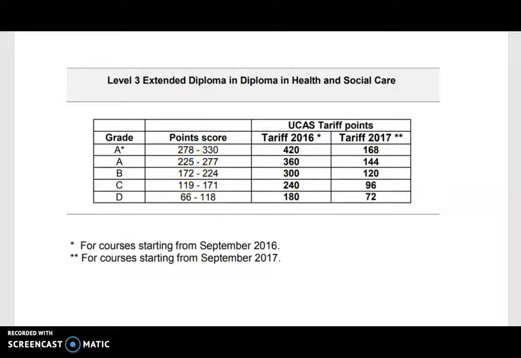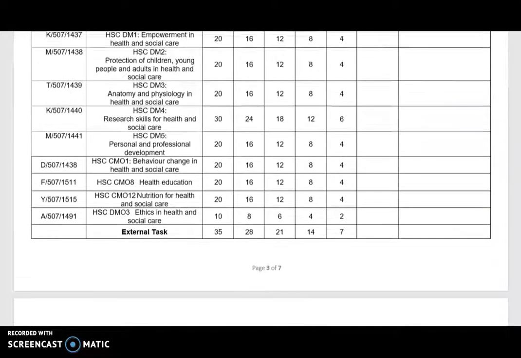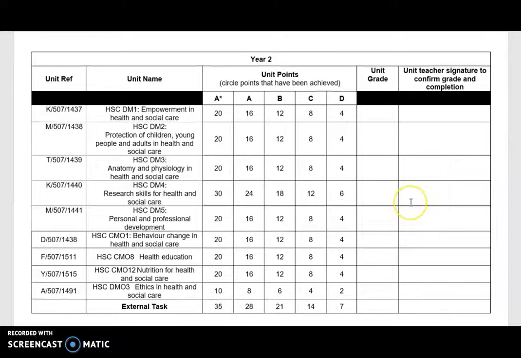However, what you may find is that you can achieve the same amount of the final point scale by getting a scattering of different areas. Now, you may find that you find some units easier than others, but you still need to aim high so that you can calculate and get all the points you need to get to your final point.